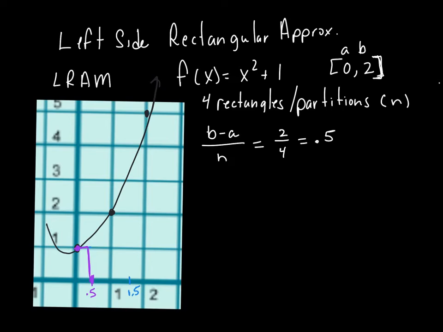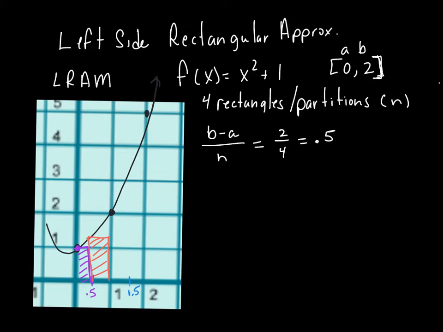So for my next rectangle, again, it's at 0.5, but now I'm starting on the left-hand side. So this will be my rectangle inside here. Now notice, each of these are under the curve, right?